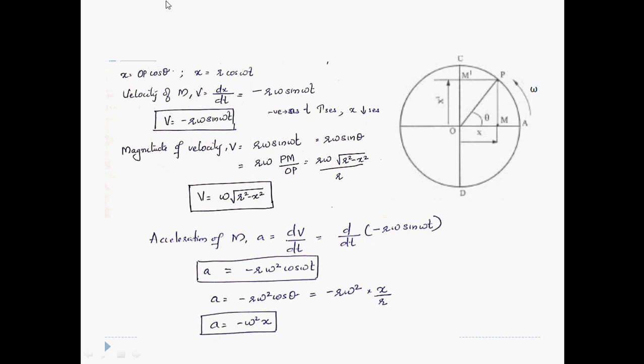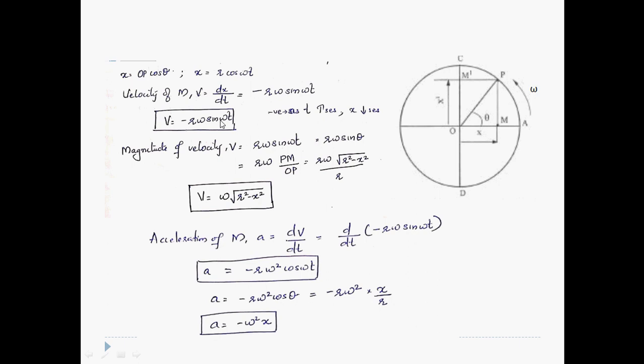If we differentiate this x with respect to time, cos omega t becomes minus sin omega t, and the multiple of t is omega. So it becomes minus R omega sin omega t. So V is equal to minus R omega sin omega t.